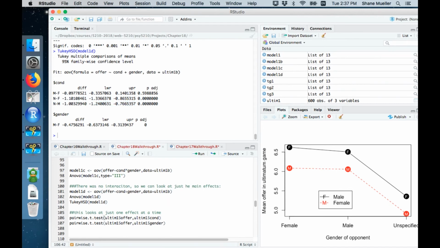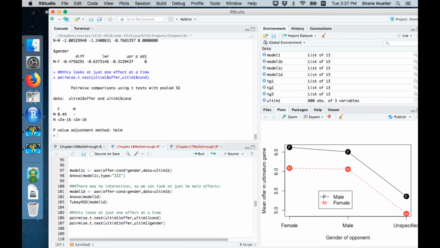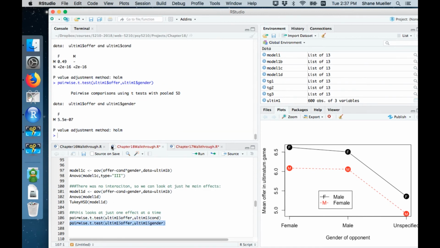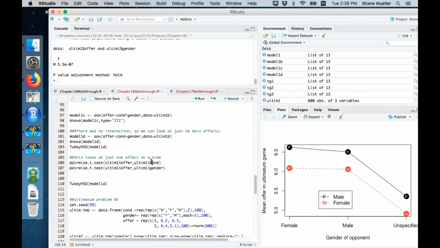You could have gone basically back to what we did the first day, though, in these cases, and just done a pairwise t-test. And this is the pairwise t-test that corrects for multiple testing, and you get the same thing. We get the same results here, but again, this is not necessarily the right thing to do.